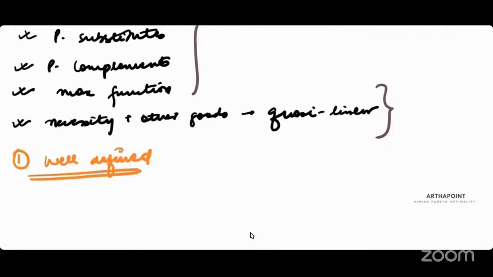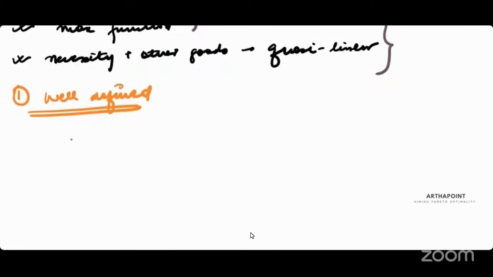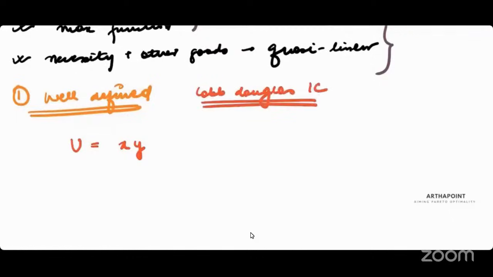A well-defined indifference curve can be written in this format. Let's write down U is equal to X, Y. It's also called the Cobb-Douglas indifference curve. As we progress, we'll understand that this is just one type of Cobb-Douglas indifference curve.